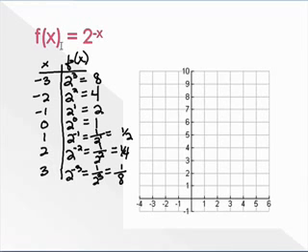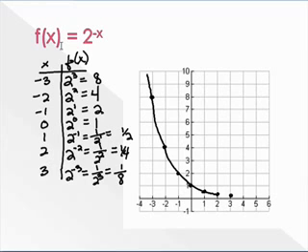Now we have (negative 3, 8), (negative 2, 4), (negative 1, 2), (0, 1), (1, 1/2), (2, 1/4), (3, 1/8). So here it's just going the opposite way. So we're going to connect those, and you want to make a curve out of it.